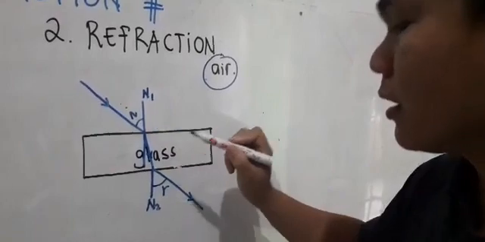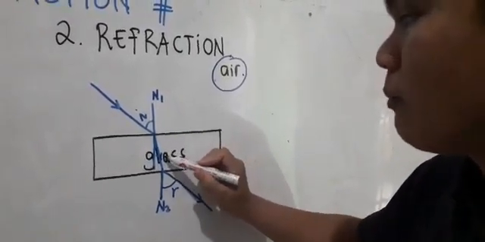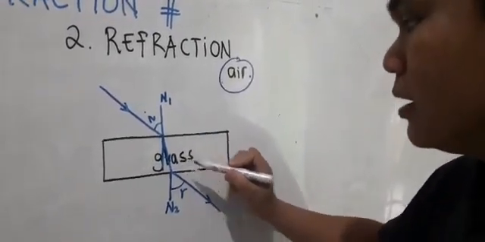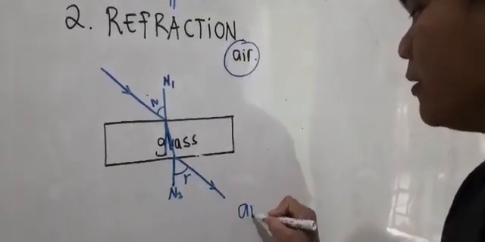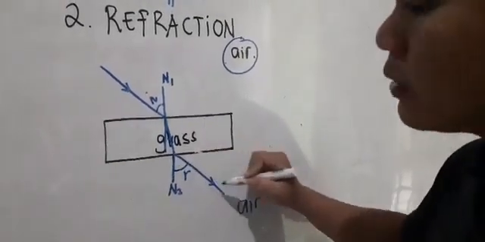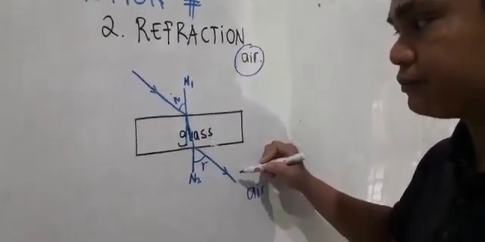But if the light comes from the denser medium to the less dense medium, the light will be bent away from the normal line.